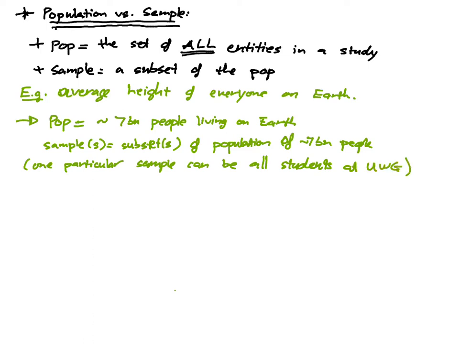Okay. Suppose I think that I can use the information, the heights of everybody at West Georgia, to estimate the average height of everybody on Earth. Then I can choose my sample to be all students at West Georgia.